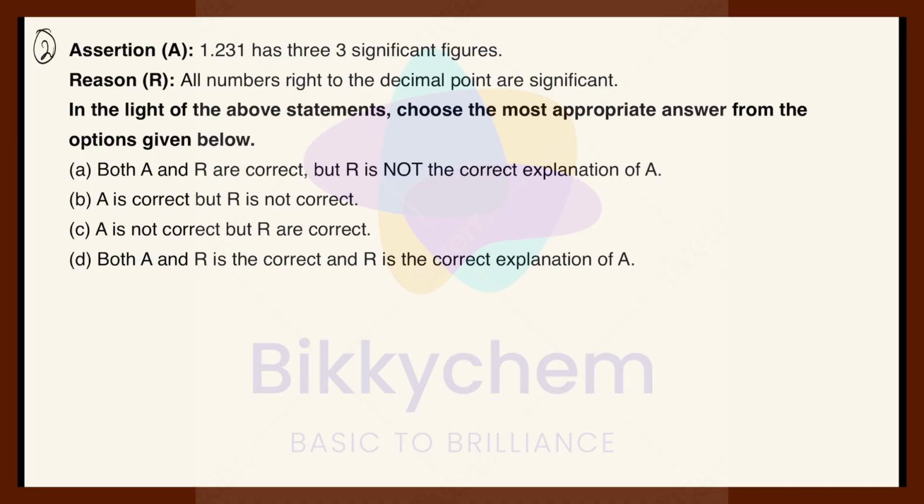Question number 2, where the assertion says 1.231 has three significant figures and the reason says all numbers right of the decimal point are significant.